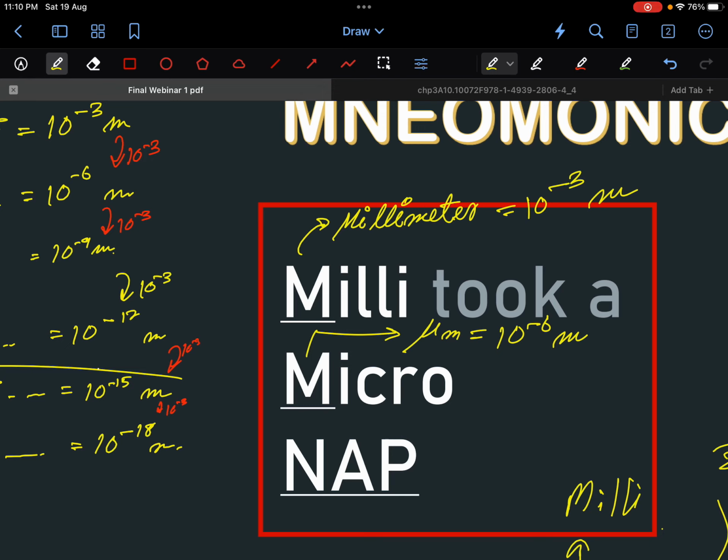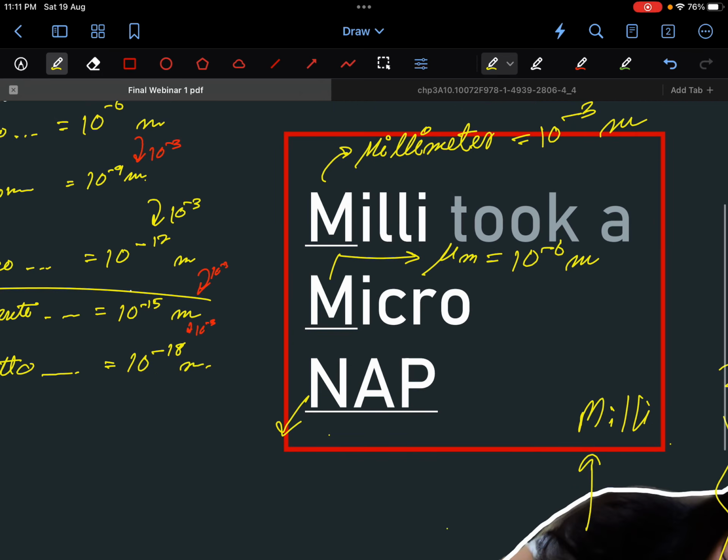If you remember the sequence, you can easily understand the relationship with meter, right? So after micro, there are 3 letters, as we can see, N, A and P. N represents nanometer, very easy. So the jump is 10 to the power minus 6 to minus 9.